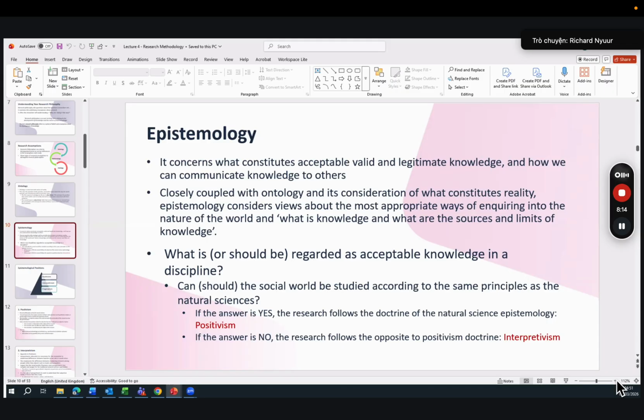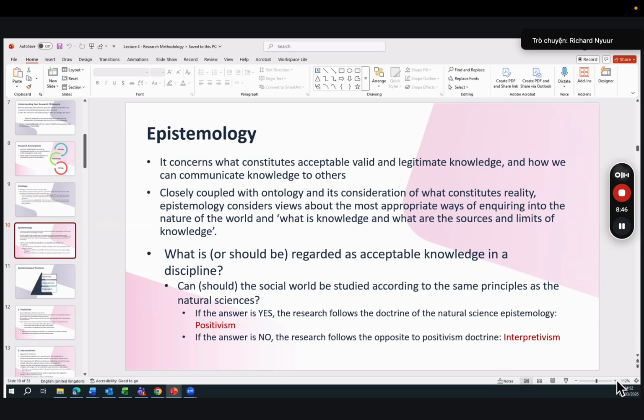So again, epistemology looks at the legitimacy and validity of knowledge. And the opposite aspect is positivism, associated with quantitative, that is natural science techniques, where, in the sciences, things are examined based on natural facts.